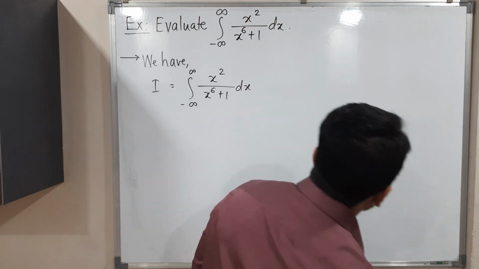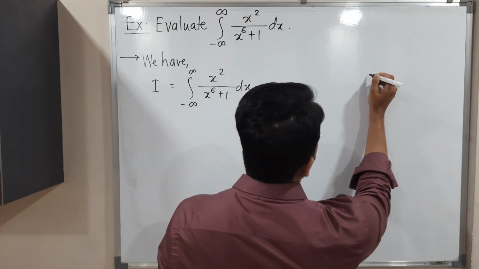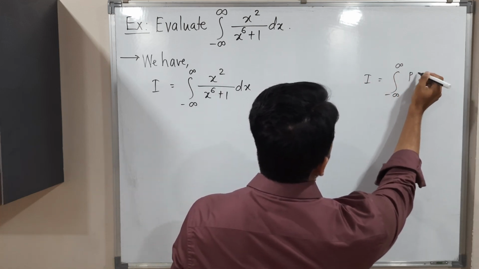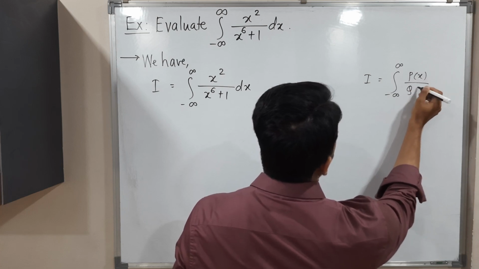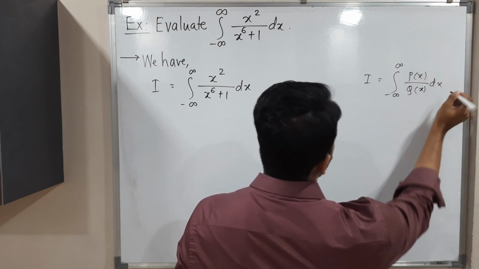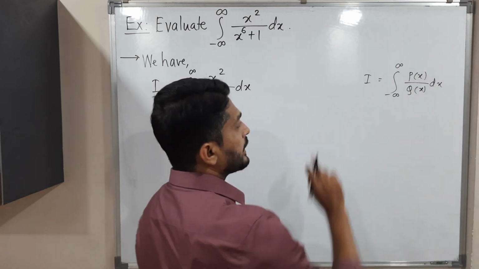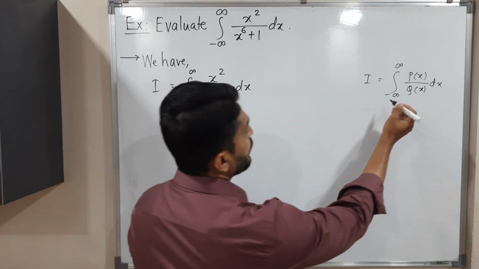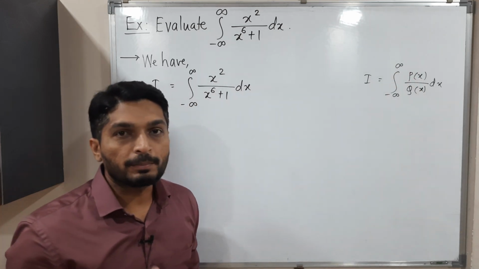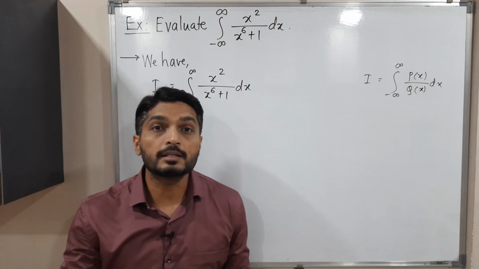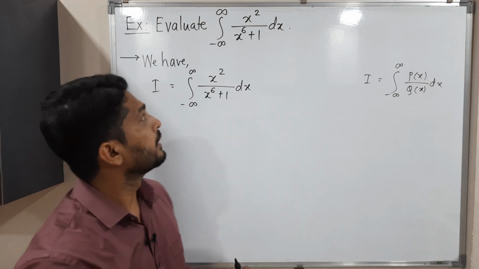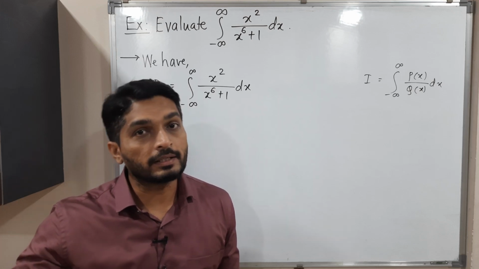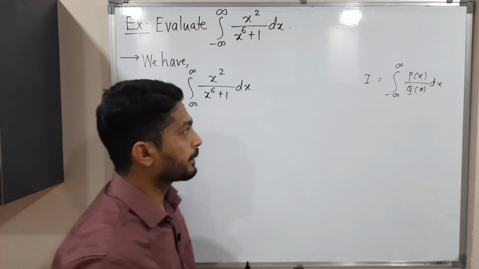Okay, so we should have an integral of this type, minus infinity to infinity p of x upon q of x dx. When you have this type of integral, then we can apply this method. So the limits should always be minus infinity to infinity, and p of x and q of x are polynomials in x. Here also in the example we have one polynomial in the numerator and another polynomial in the denominator.